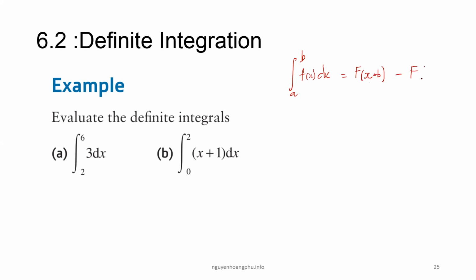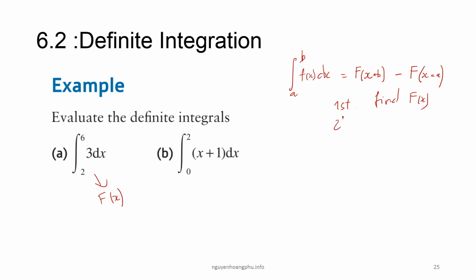Minus F of x equal to A. Okay, so I will help you to do this one. Here we need to find F(x) first. So the first step, find F(x).